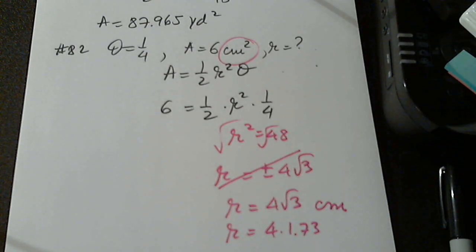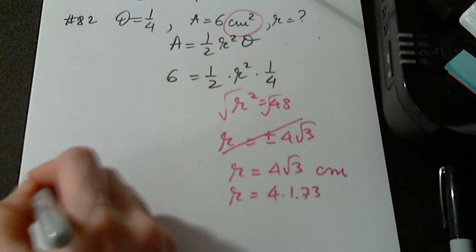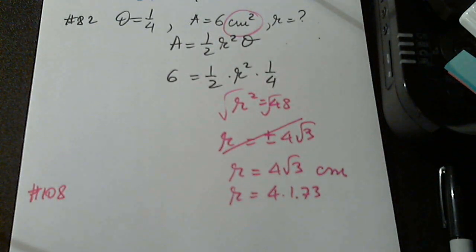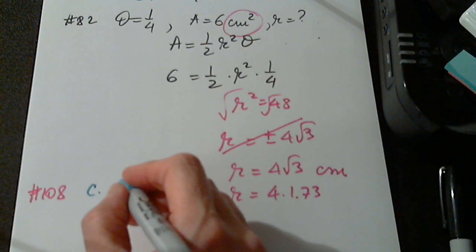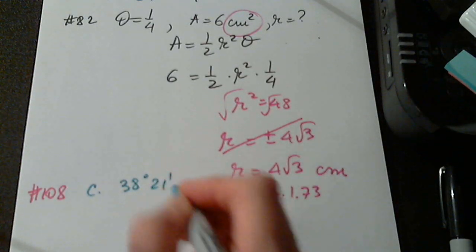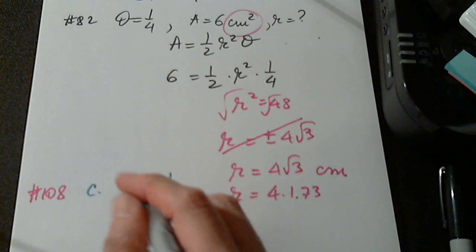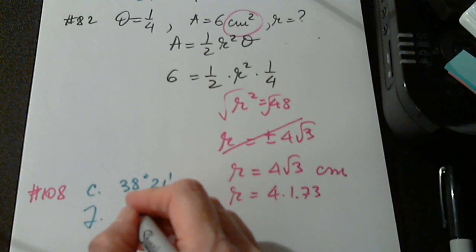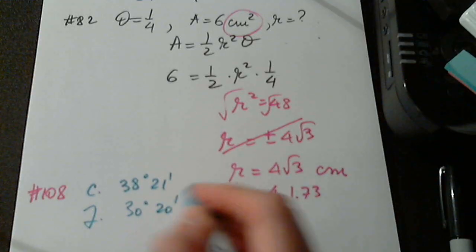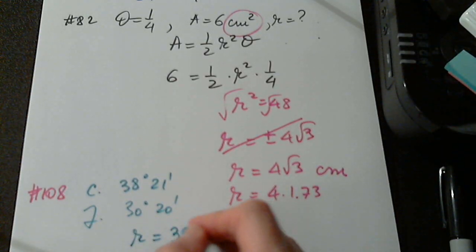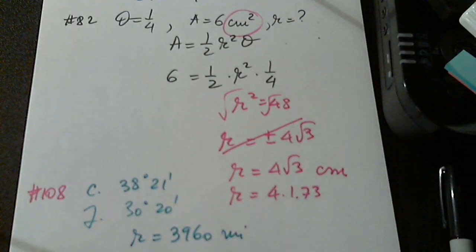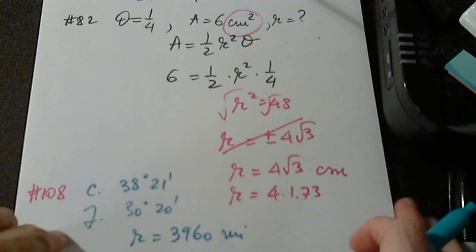Okay, so let me copy that information. So this is 108, and we have Charleston at 38 degrees 21 minutes, and Jacksonville at 30 degrees 20 minutes. And they're giving us the radius as 3960 miles. So here's the situation.